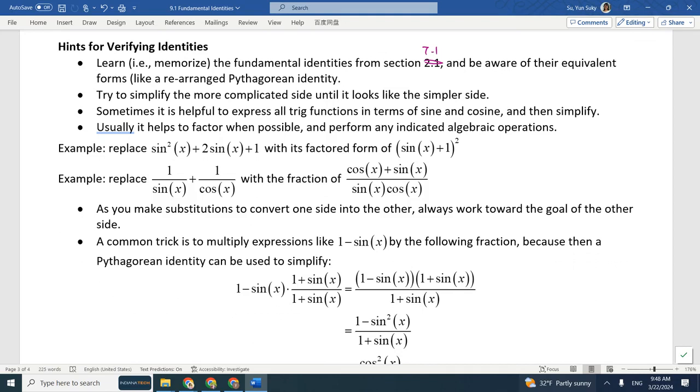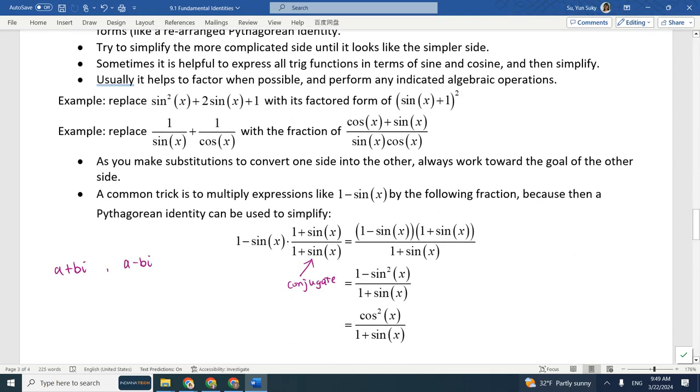This guy, we call it the conjugate. Do you remember complex numbers from your algebra class? If you have a plus bi, the complex conjugate is a minus bi, right? You multiply by the conjugate so you can get rid of the i in the denominator. So here is kind of similar.